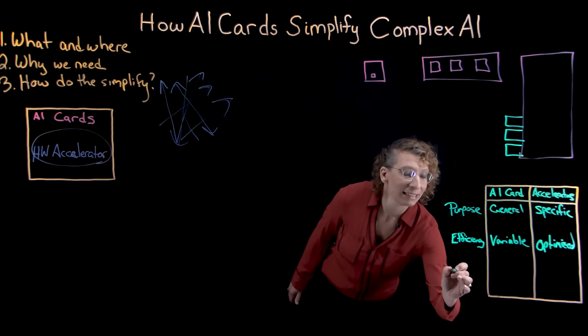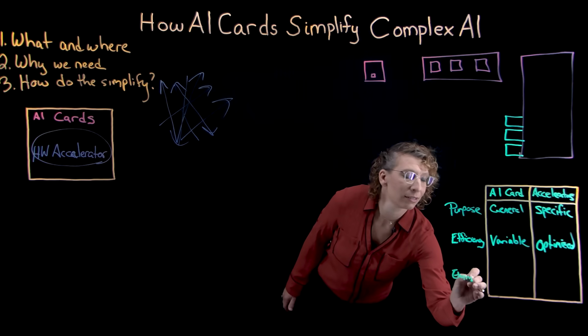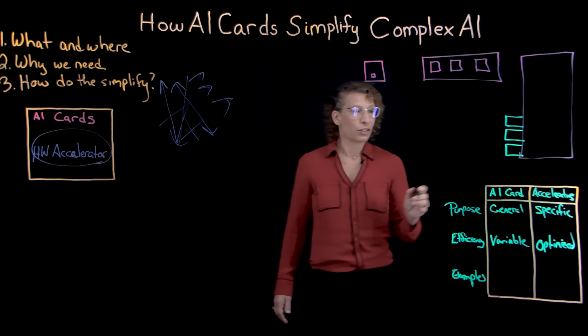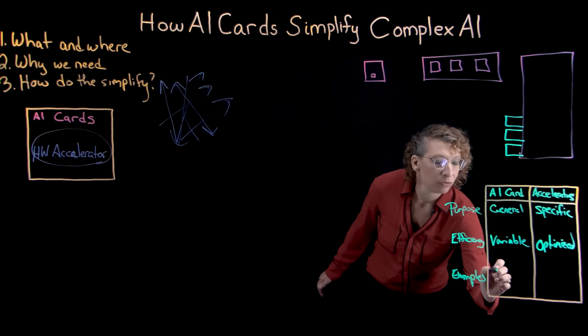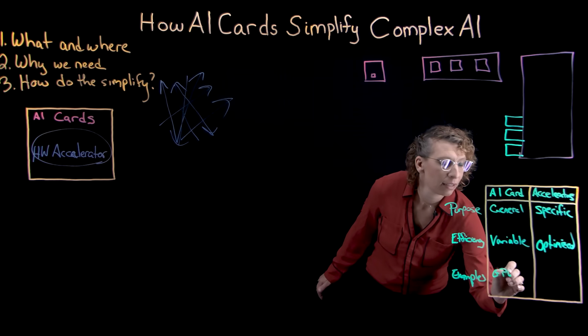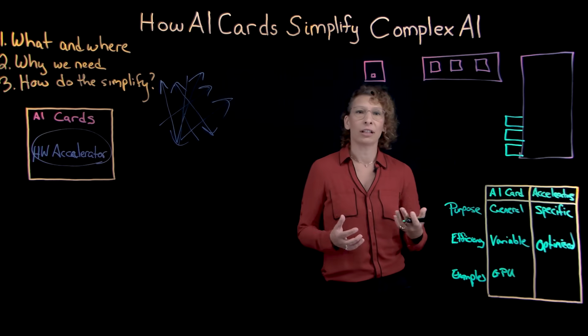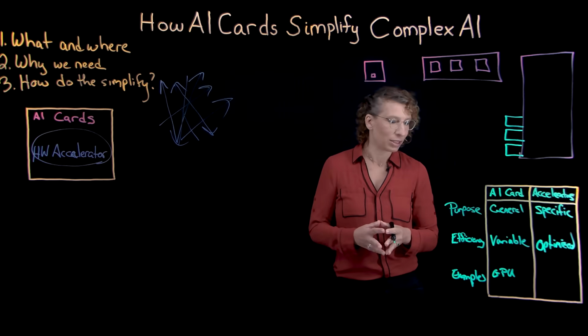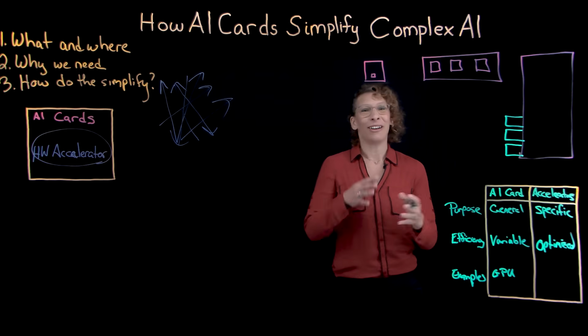Let's look at a couple of examples to really illustrate this. So GPU, a very common example of a generic card used for AI. Originally, they were used for graphics processing. The G stands for graphics.